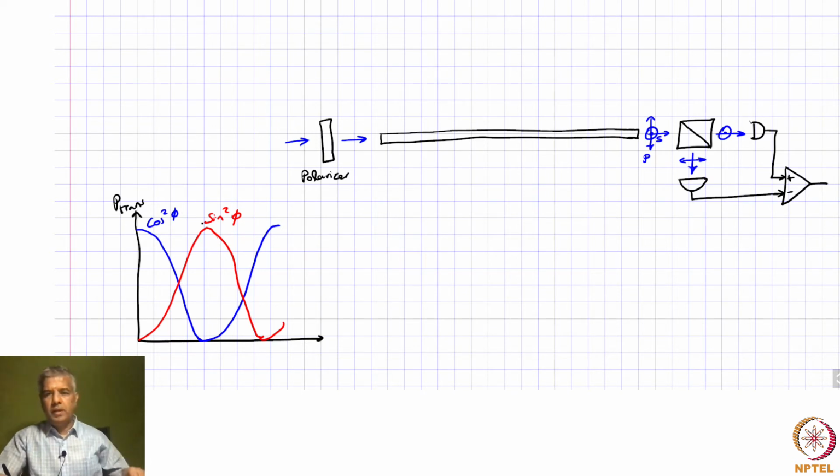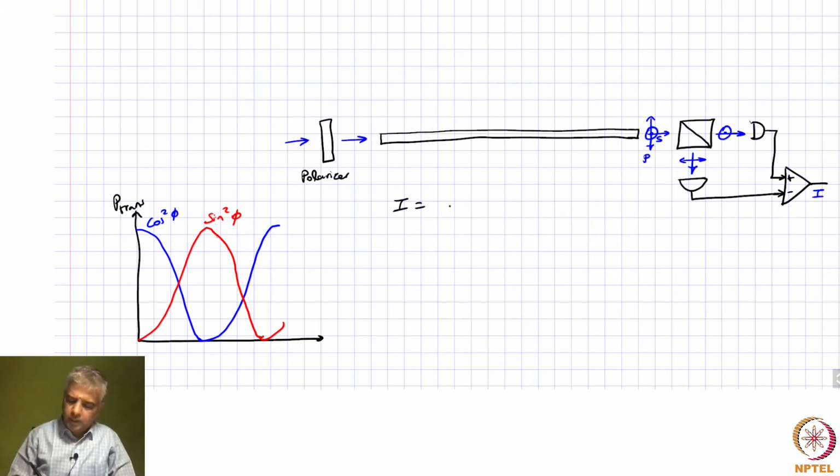So in terms of the current that we are getting here, let's say this is current I, that will correspond to a certain responsivity of these two photodiodes. Let's call that R times the power that's incident on it, let's say P naught.